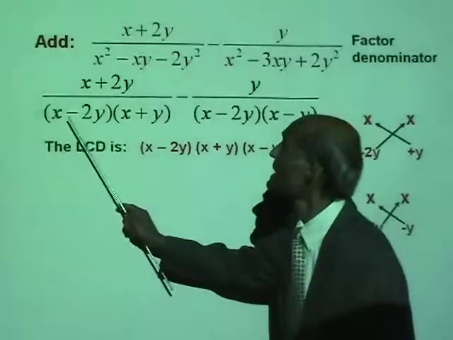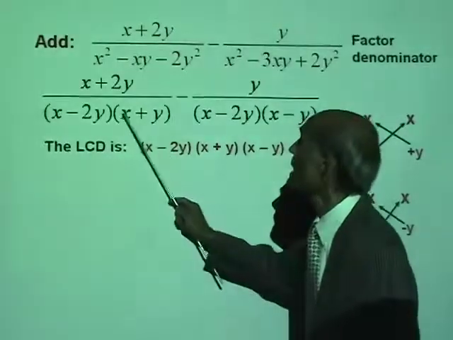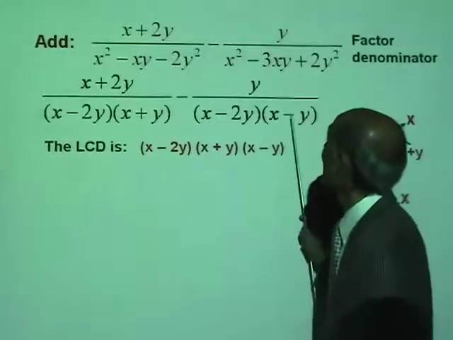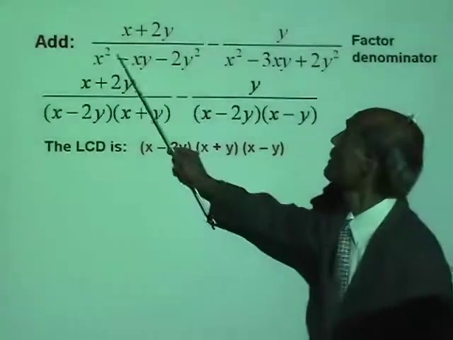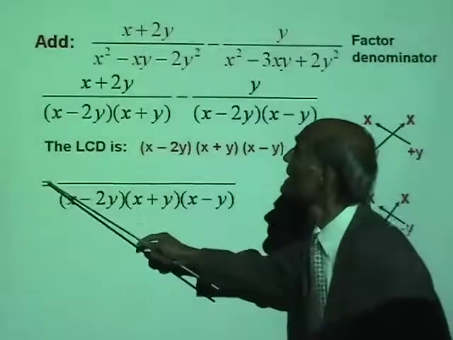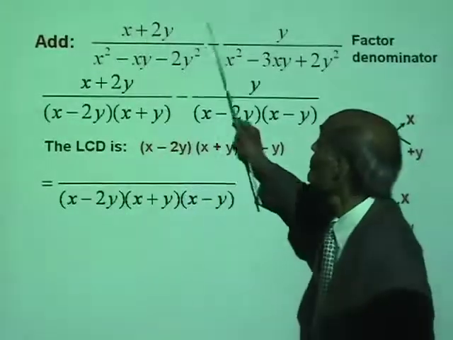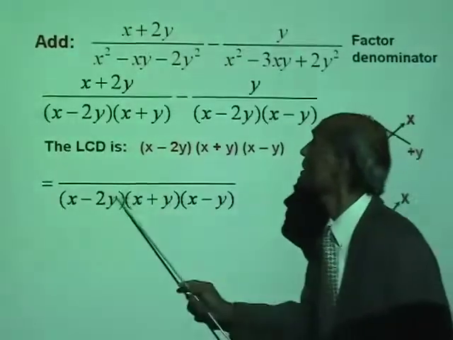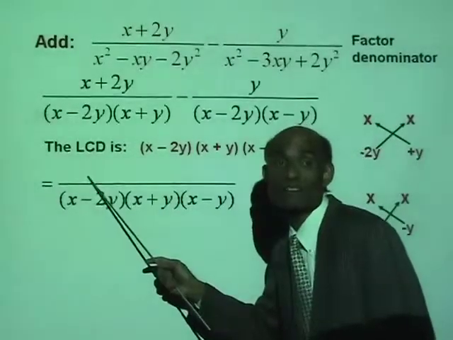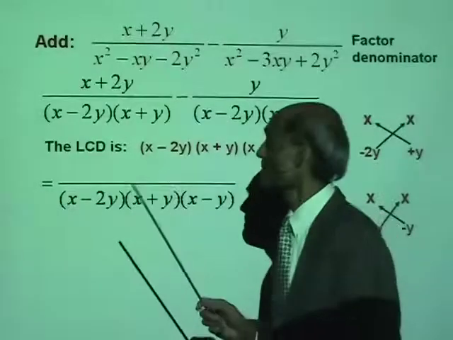So the LCD is x minus 2y times x plus y times x minus y. So we will now write this whole expression equal to this, which is the LCD. Now help me construct the numerator.